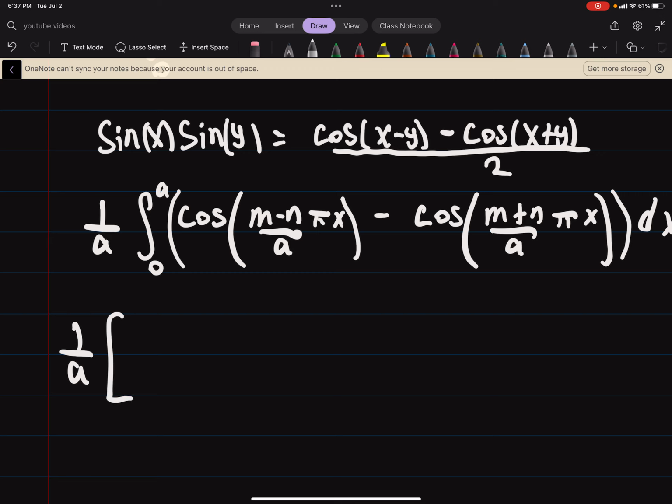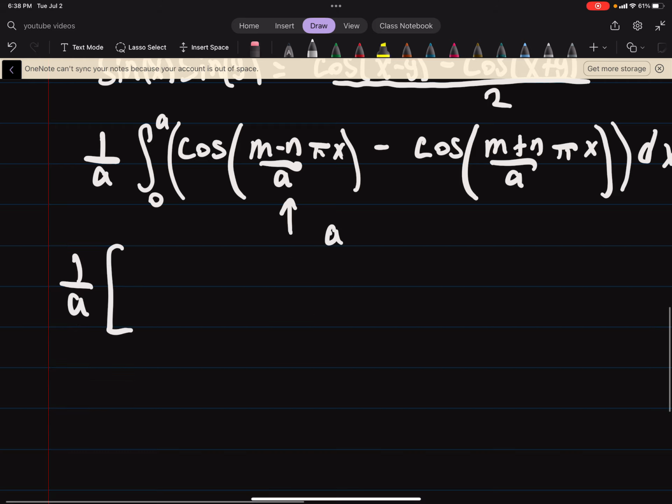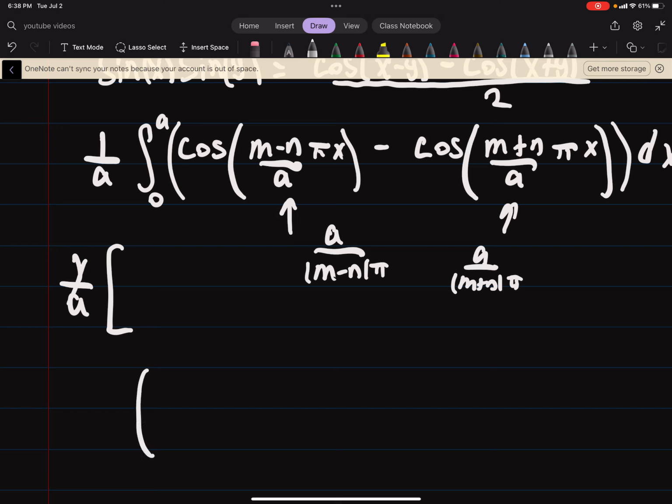Well, you'll have a u substitution here. So you'll have a over (m minus n) pi, a over (m plus n) pi, and then sine of these functions. So the a will cancel out over here, and we just get 1 over (m minus n) times pi.